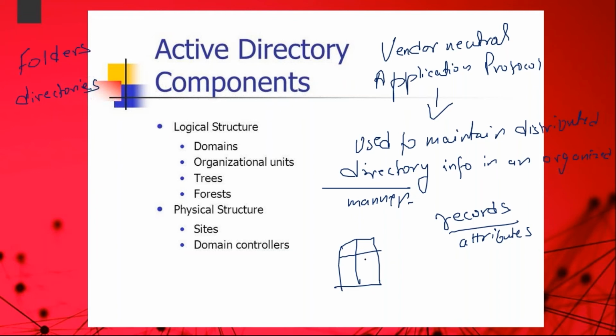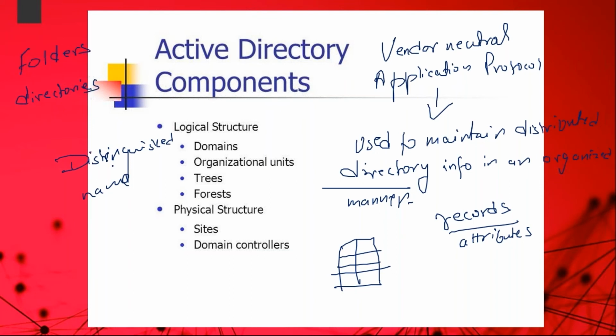The attribute is the field inside the database. The record is the database, and the fields inside the database are the attributes. So a record has its own unique identifier, and we call it the distinguished name. So that is a bit about LDAP.